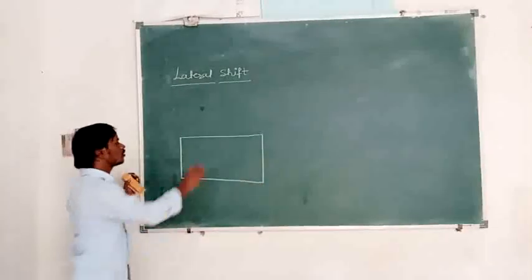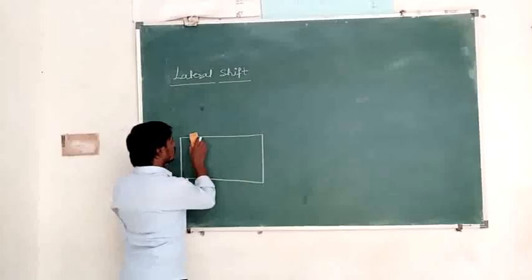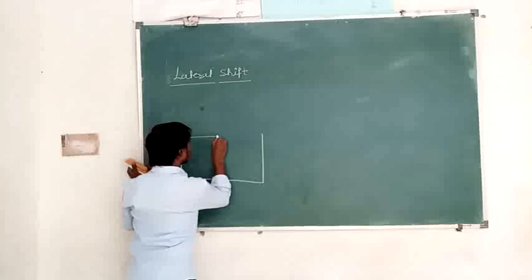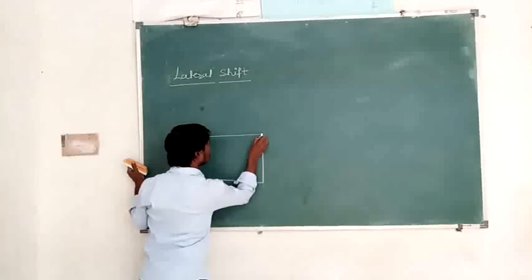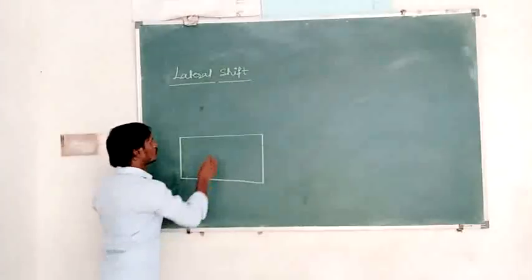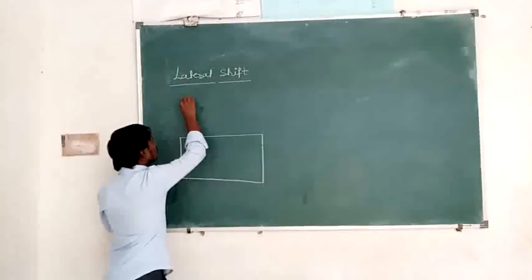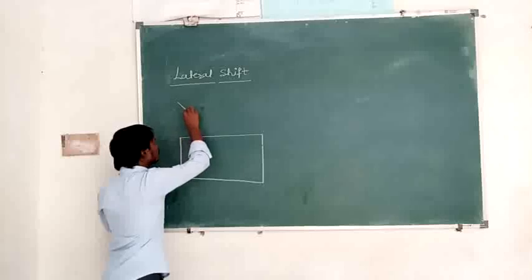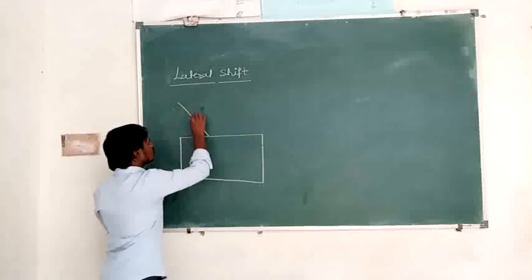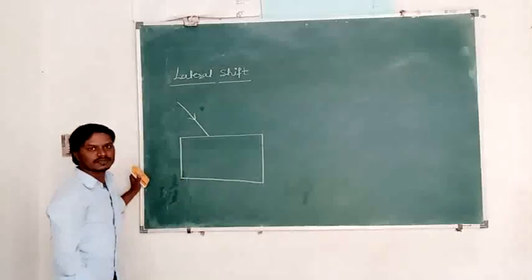So when the light is incident on the first surface of the slab, air is a transparent medium, and glass is also a transparent medium. So the light is incident on the first refracting surface of the glass slab.